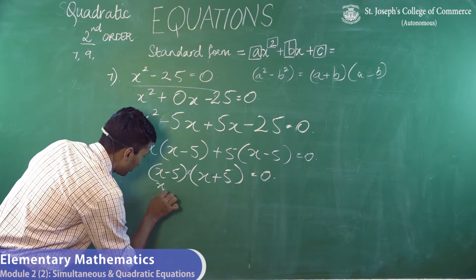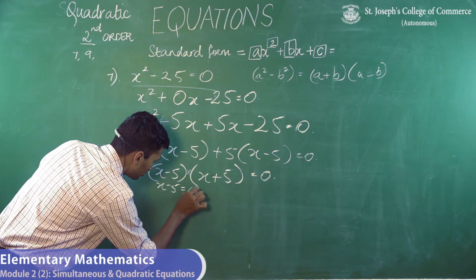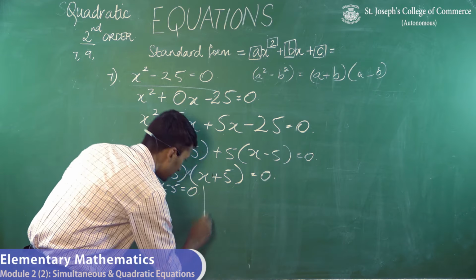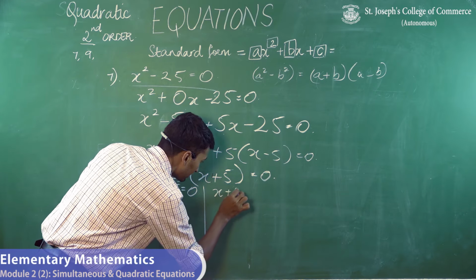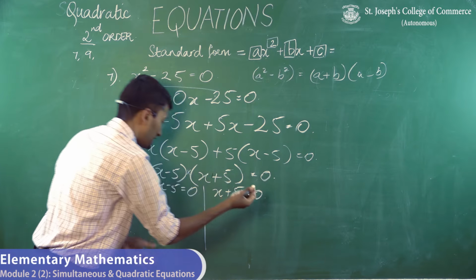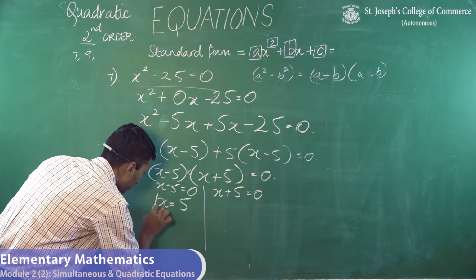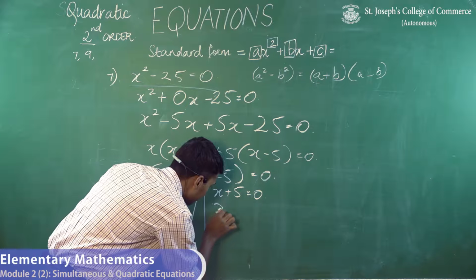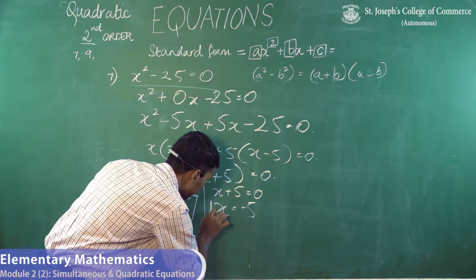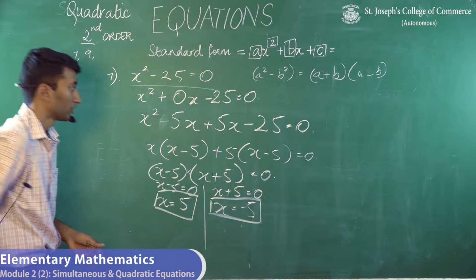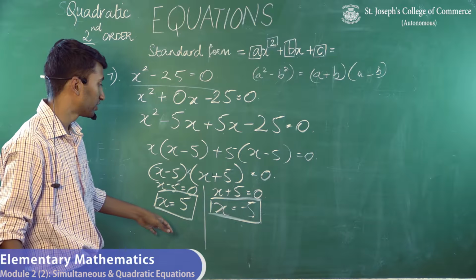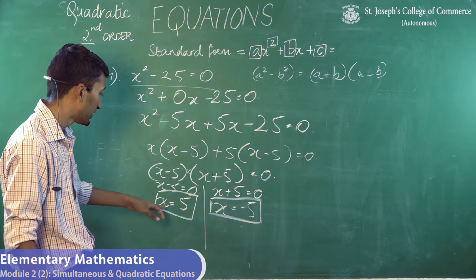So we equate both of them to 0: x minus 5 is equal to 0 and x plus 5 is equal to 0. If you solve it, you get x is equal to 5 or x is equal to minus 5. So this is your answer. The two answers are 5 and minus 5.